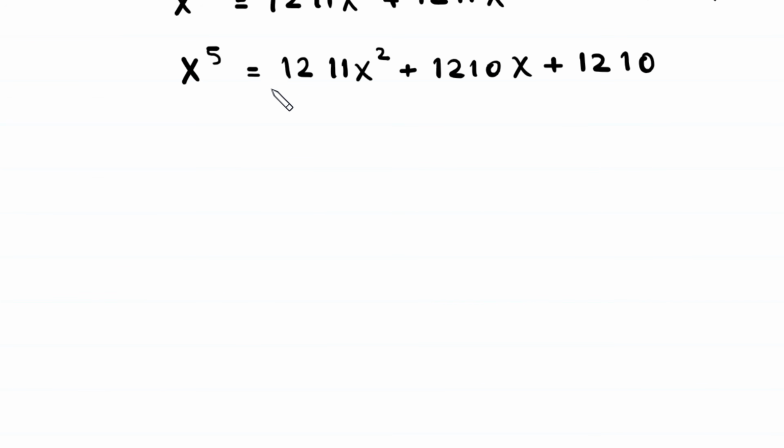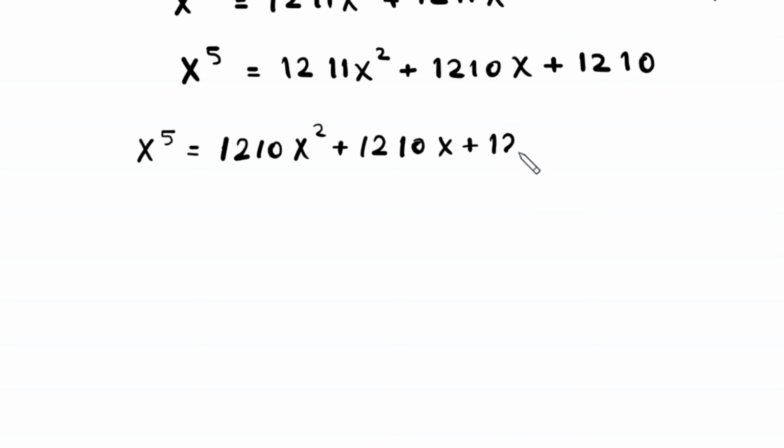Now we can rewrite this equation as x^5 = 1210 times x^2 + 1210 times x + 1210 + x^2.